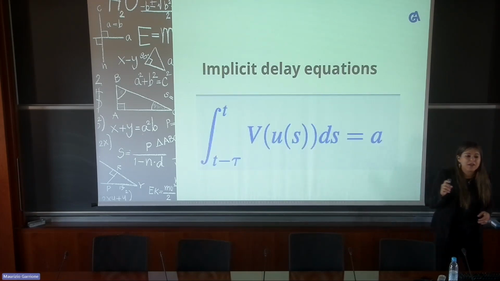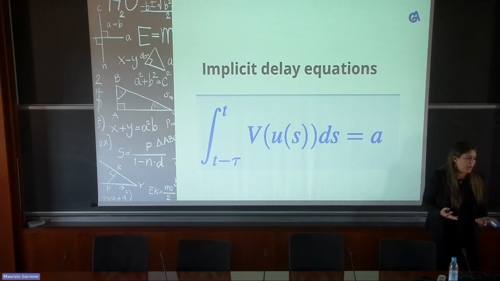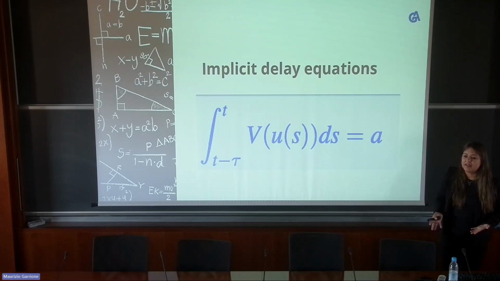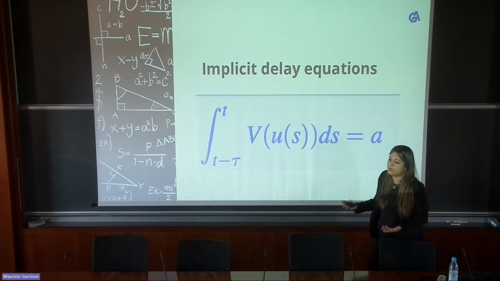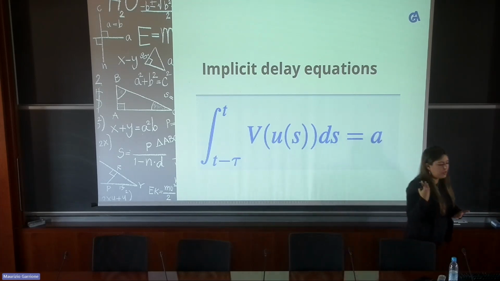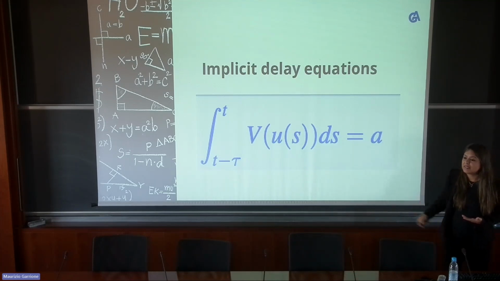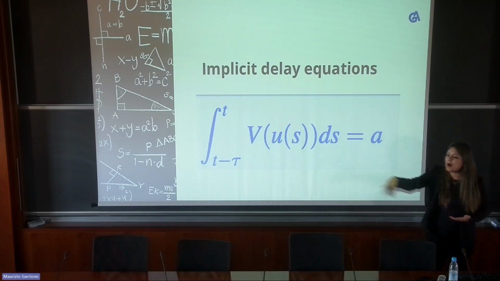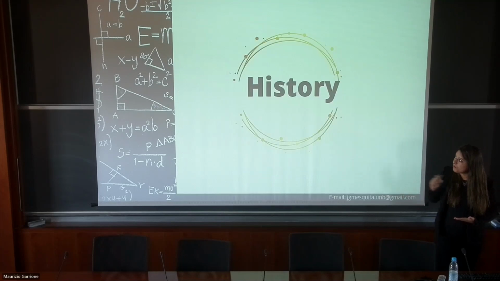Here we have implicit delay equations because sometimes we also want such a type of inverse problem. It is also very common when you deal with delays that we would like to find some delay that can optimize something. So it's also very important to have the opposite way. So here we have such a type of implicit delay equation, where the delay is somehow implicit in the equation. So we can also work in this way.